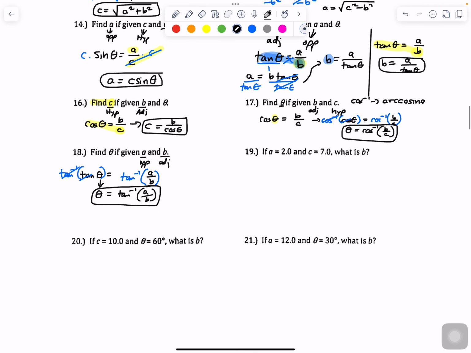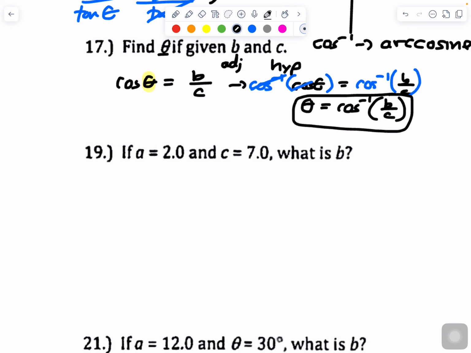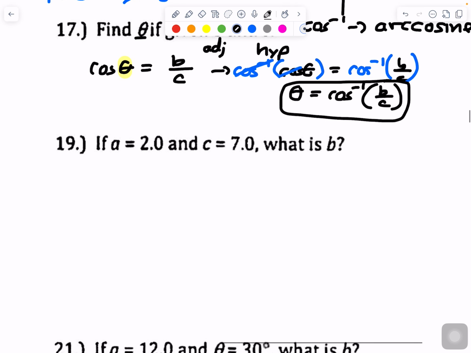Okay, 19, 20, and 21 are just basically solving problems with actual variables. The first one says, you've got A and C, what's B? Well, that's a Pythagorean theorem problem. So A squared plus B squared equals C squared. How do we know it's a Pythagorean theorem problem? Because it only involves the sides, no angles.